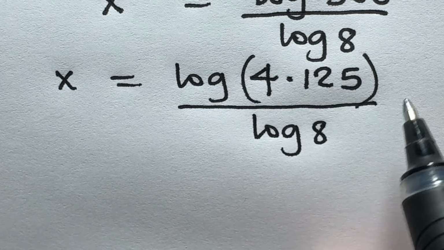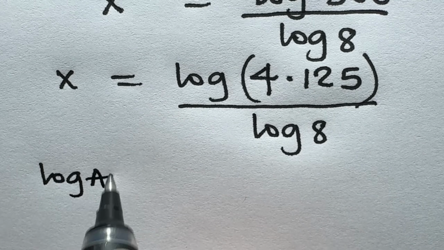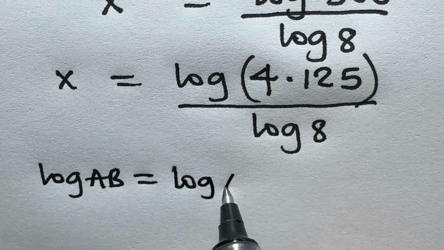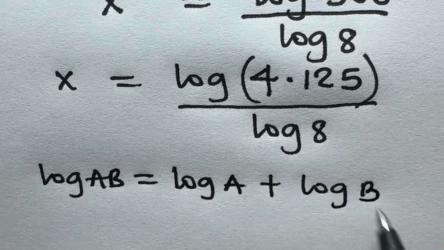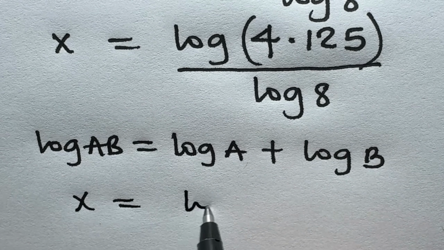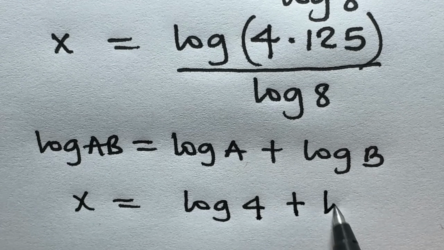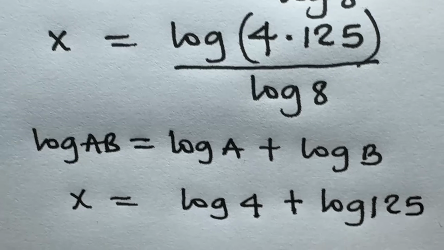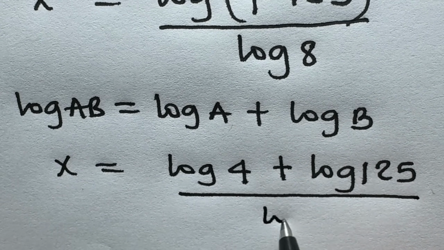For the numerator, this is of the form log a times b, and by law of logarithm, this can be expressed as log a plus log b. So we say x is equal to log 4 plus log 125, then all divided by log 8.